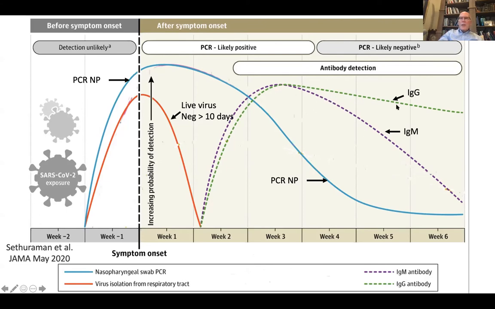And the IgG will persist for months to years. The IgM usually goes down in about 1 to 2 months. So a positive IgM means a recent infection. A positive IgG could be recent or later. But you can see that this clearly will not detect virus when the individual is infectious.